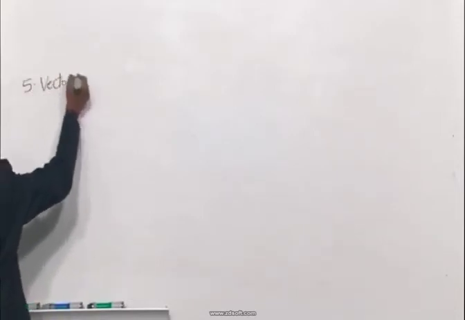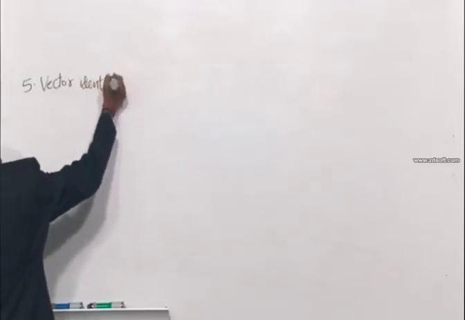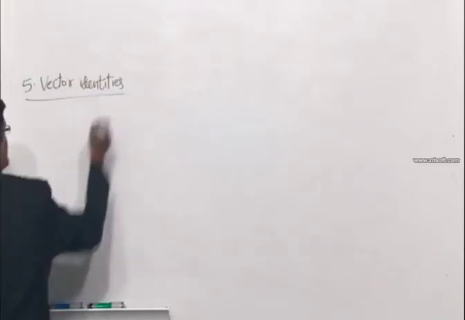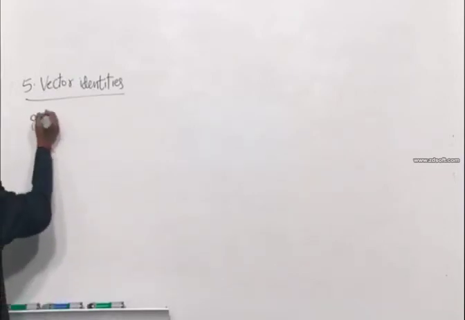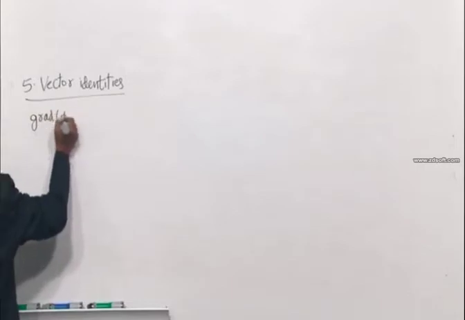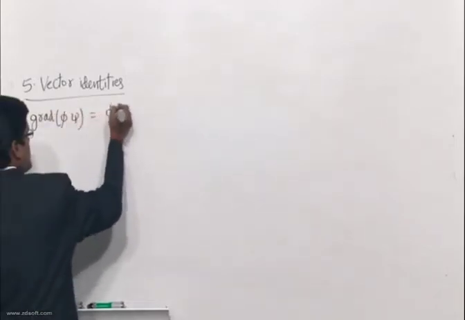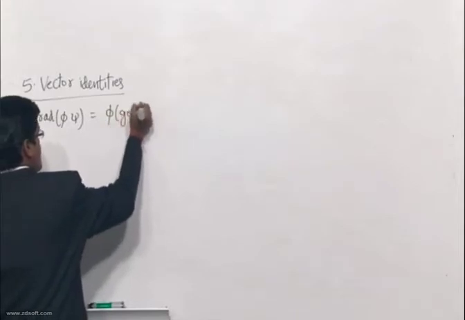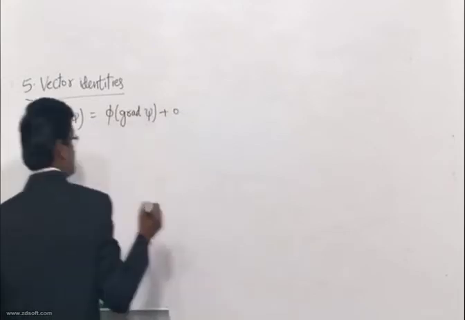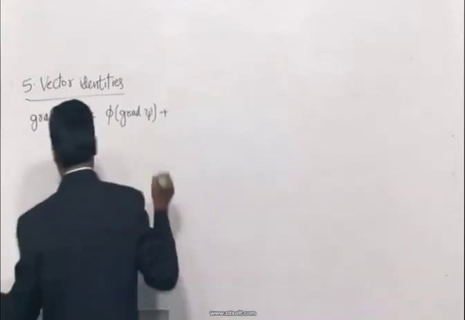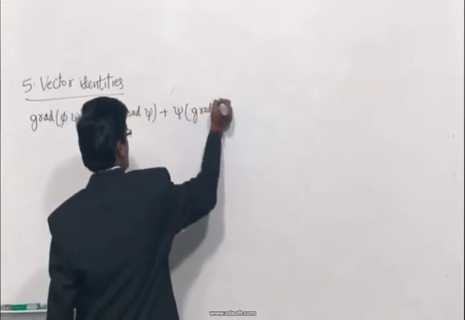Vector identities. Grad phi psi, where phi and psi are 2 scalar point functions, is phi into grad psi plus psi times grad phi.